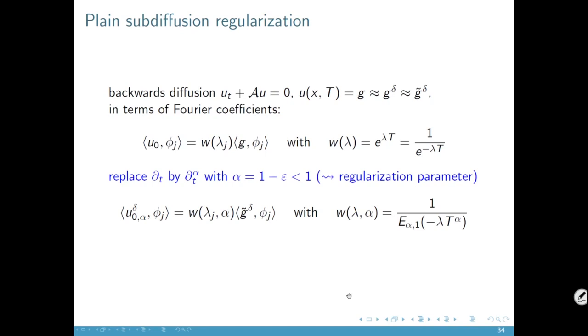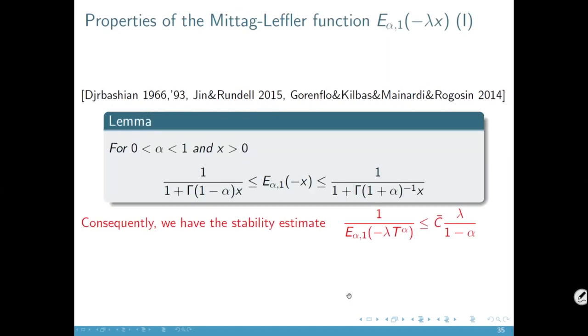So this plays the role of a regularization parameter. The important result for this purpose has 2 items. We have to guarantee stability with respect to noise in the data on one hand, and on the other hand, we have to be able to assess the approximation error that we make by replacing 1 with alpha.